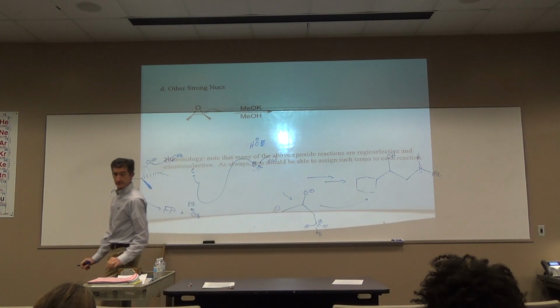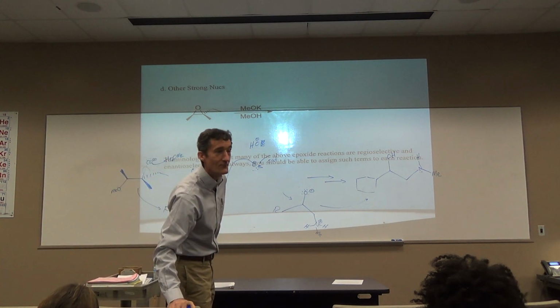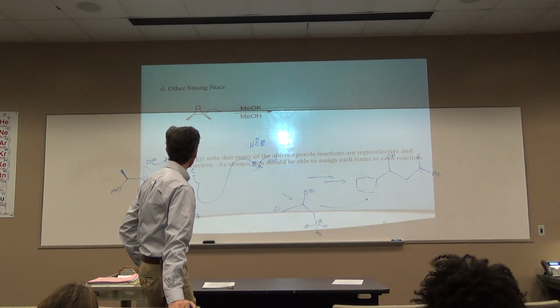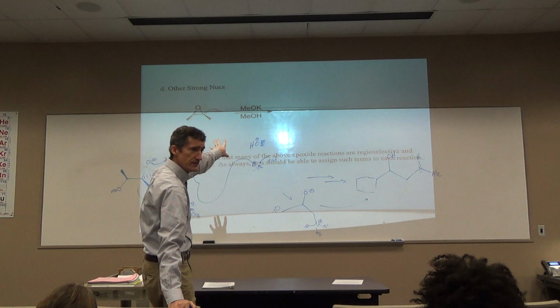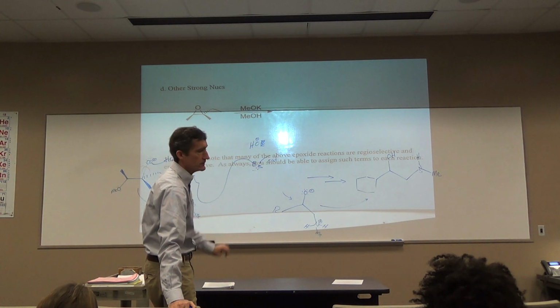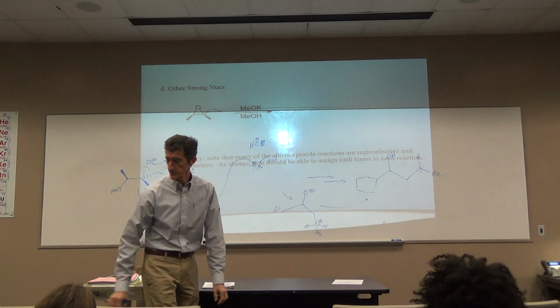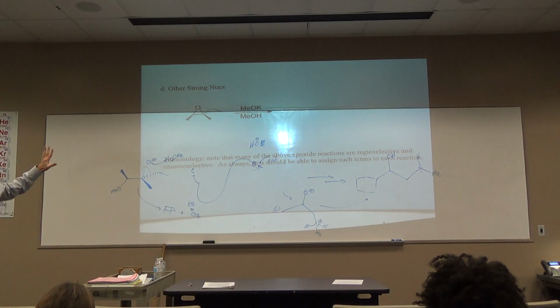If you added heat to that, would it just bust open and make a tertiary carbocation on my right-hand side? No. We said last time, we'll say it again. Is this SN1 or SN2?